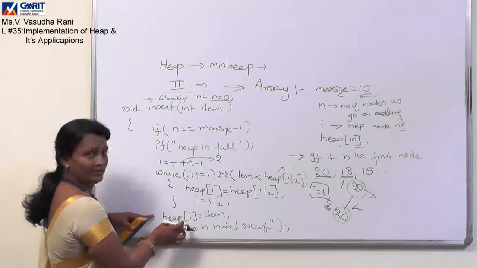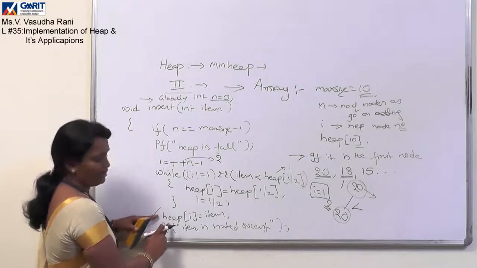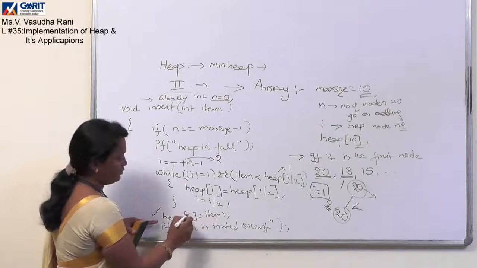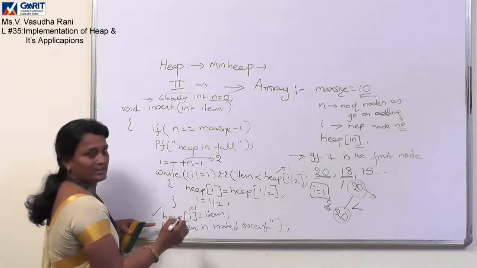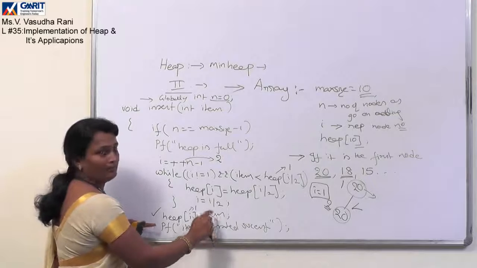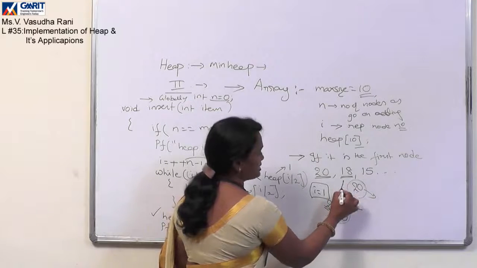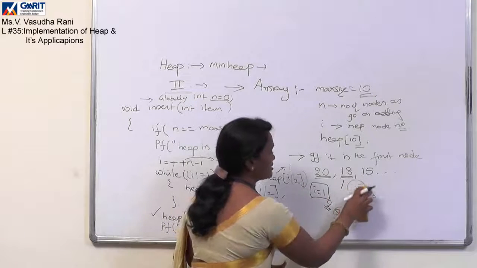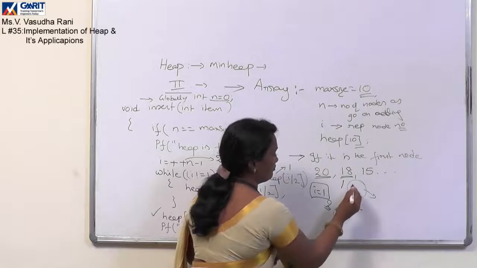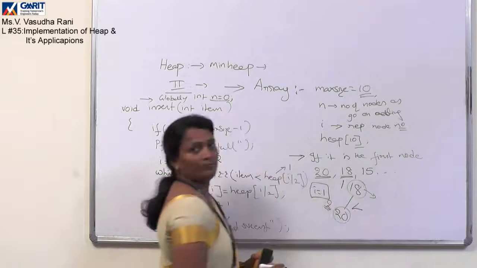After coming out of this loop, we have a statement here, heap of I equal to item. What is our I now? It is 1. Heap of 1 equal to item, so heap of 1 is this and our item value is 18.